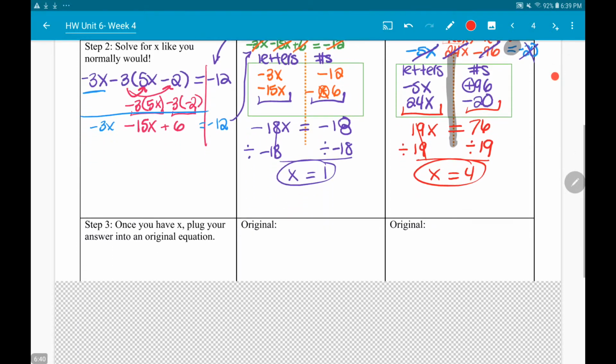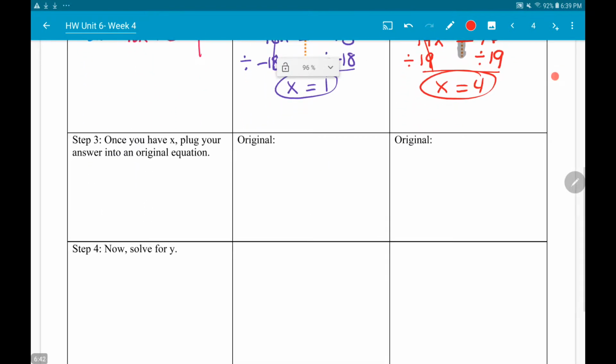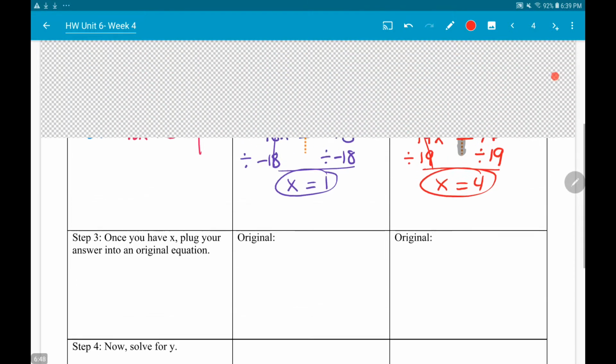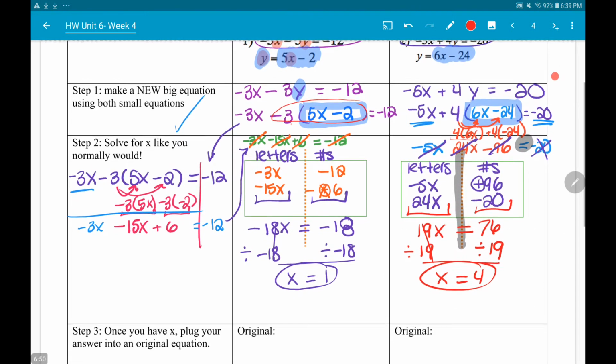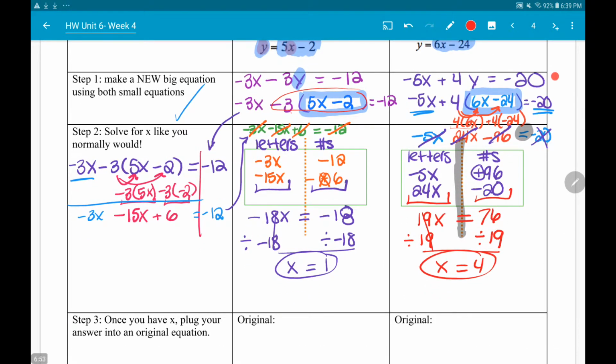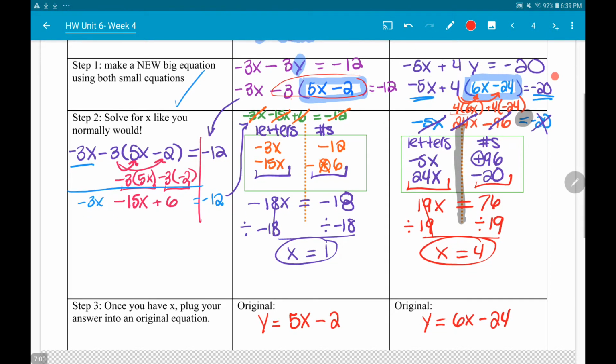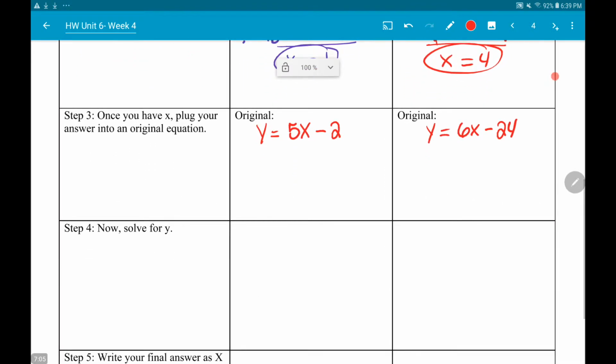All right, so now I have x for both equations. But remember, if I just have x, that's not enough because our originals had x and y. So now I need to go back to an original. So in these problems, there was an original that was a little bit easier looking, and that's the one that already has y by itself. So for this step, I'm going to pick the easier equations. All right, and what do we do? We plug in with parentheses.